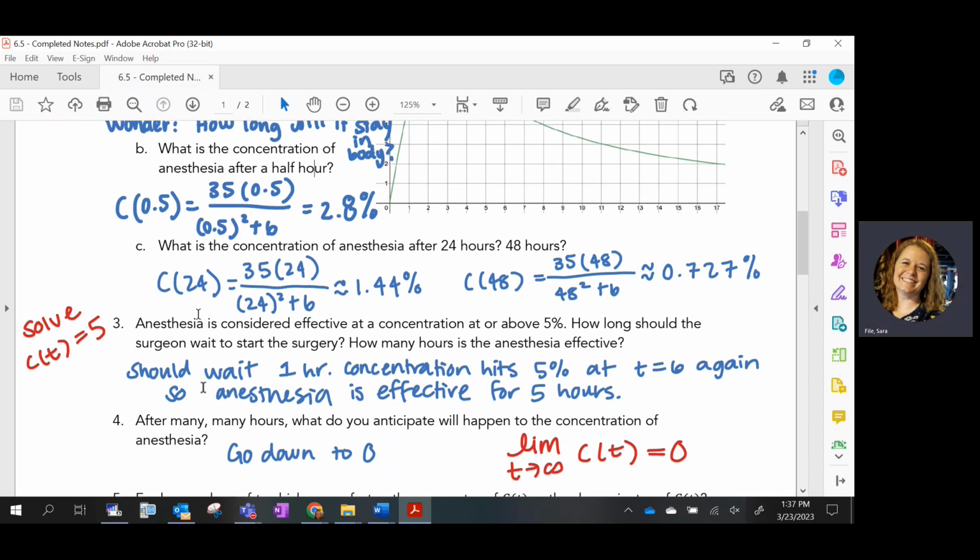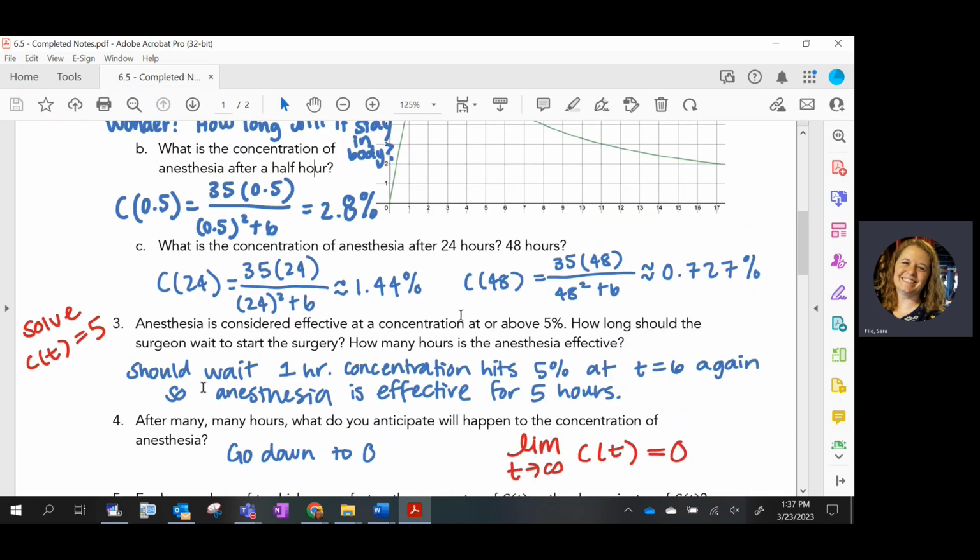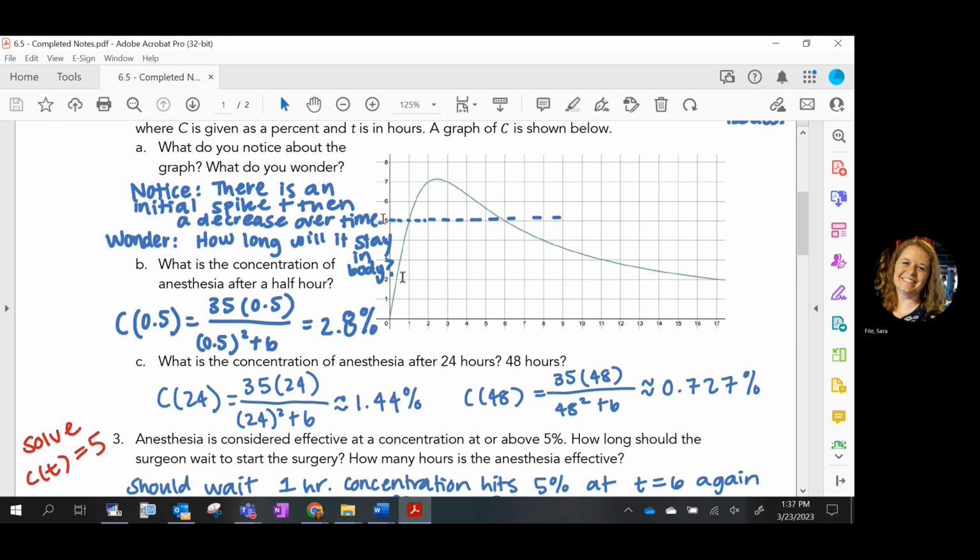The question says anesthesia is considered effective at a concentration of about 5%. Yes, the y-axis is our C of T, which is in percent. So that's our 5% threshold that we're comparing to. Good.